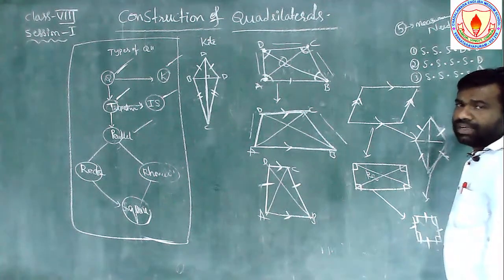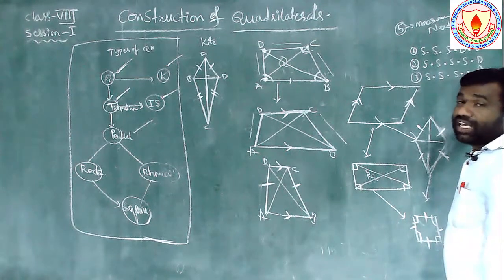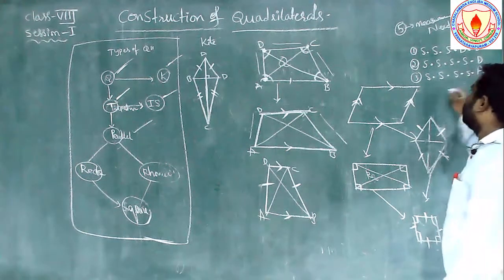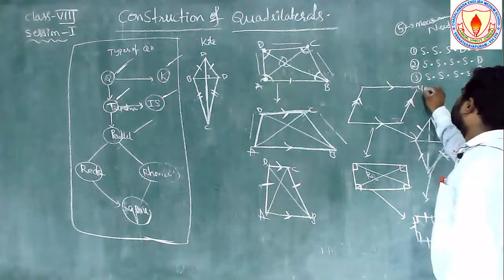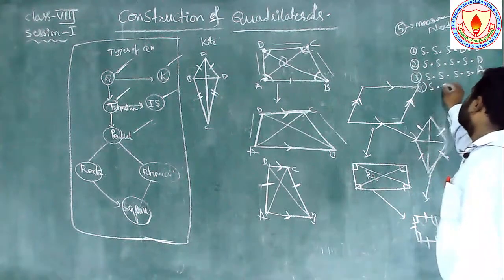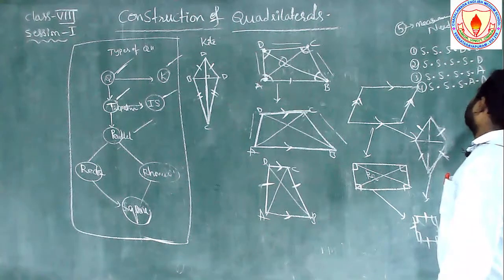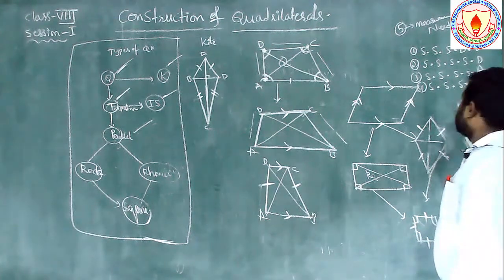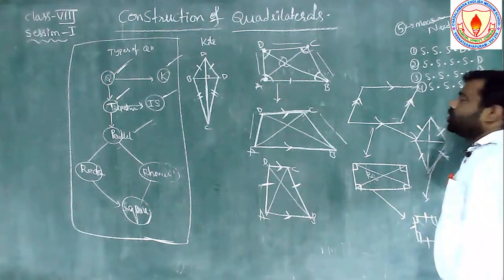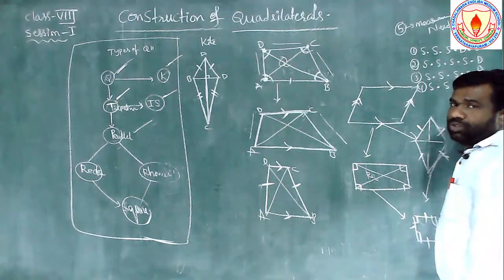This time also we can construct the quadrilateral. Next, fourth condition: 3 sides and 2 angles may be given to do the construction.